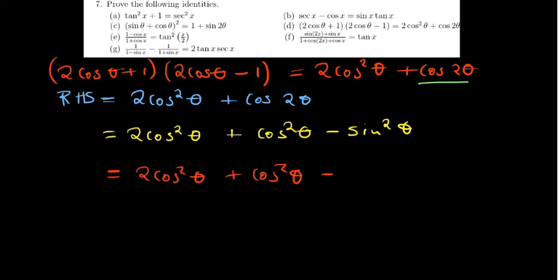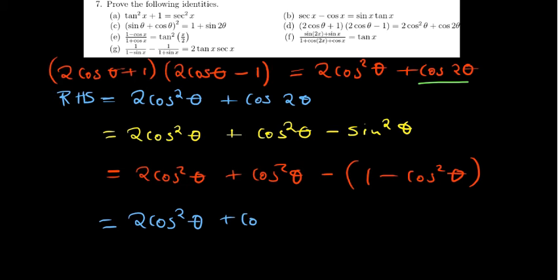I believe we know that sine squared of theta is the same as 1 minus cosine squared of theta, from the first identity. And then 2 cosine squared of theta plus cosine squared of theta minus a 1 plus cosine squared of theta. So I feel this part can go.